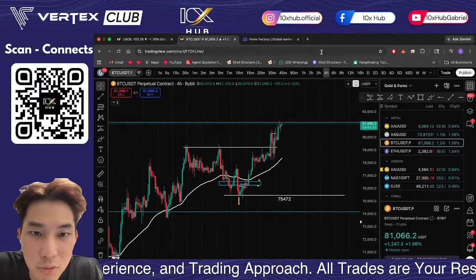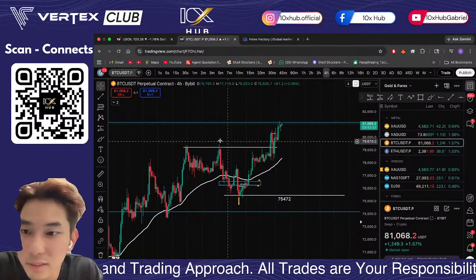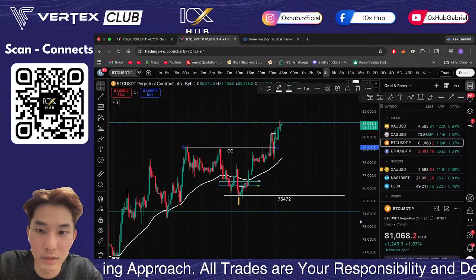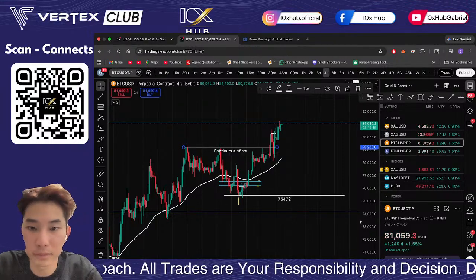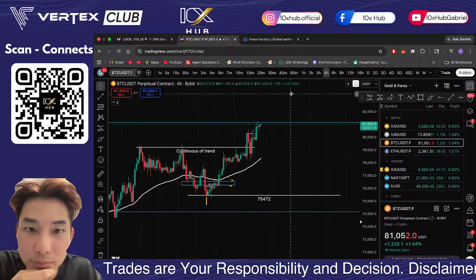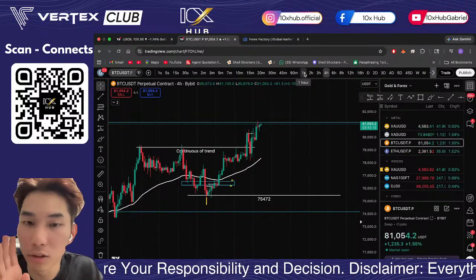Right now in 4 hours it closes above the previous high, and BOS happened, which is a continuation of trend. So in 4 hours, we are currently looking for a long entry.